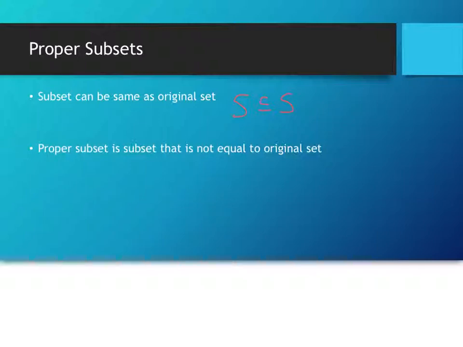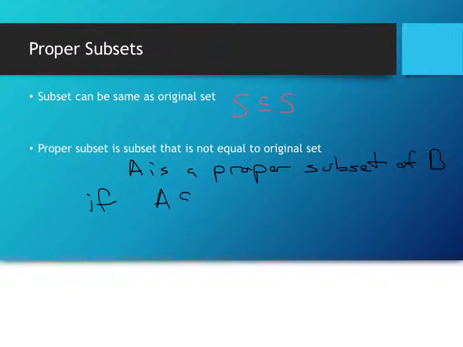One thing we'll often talk about is something called a proper subset. A is a proper subset of B if A is a subset but not equal.